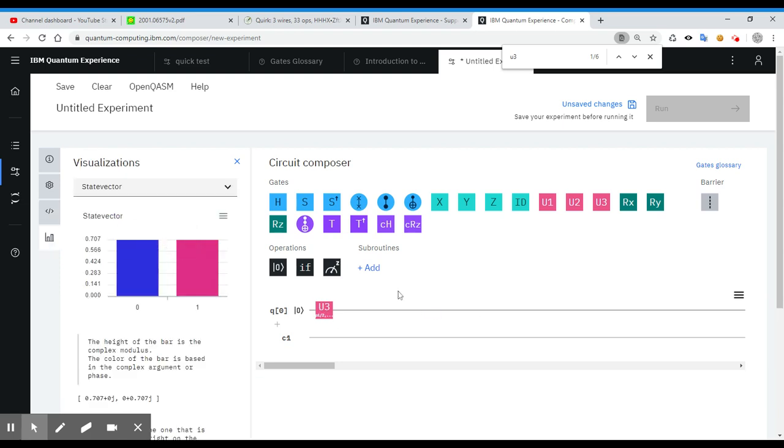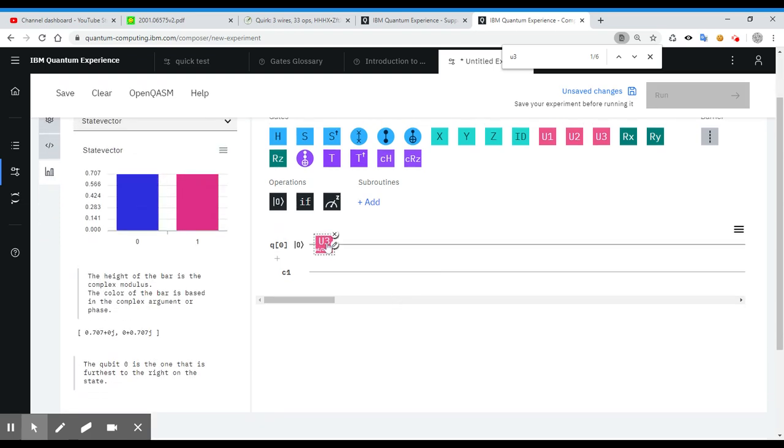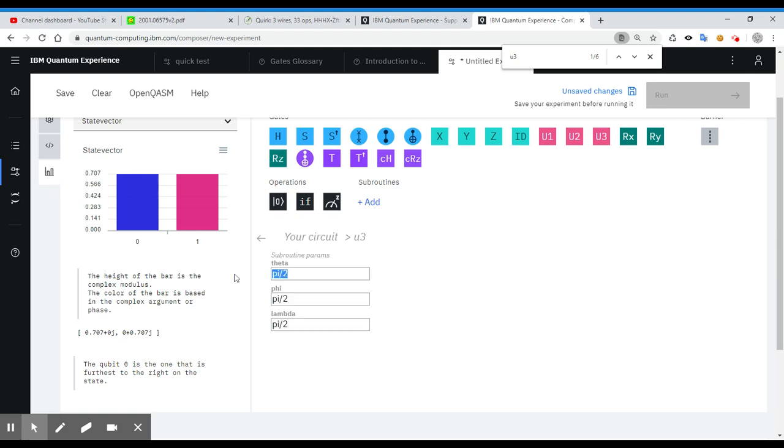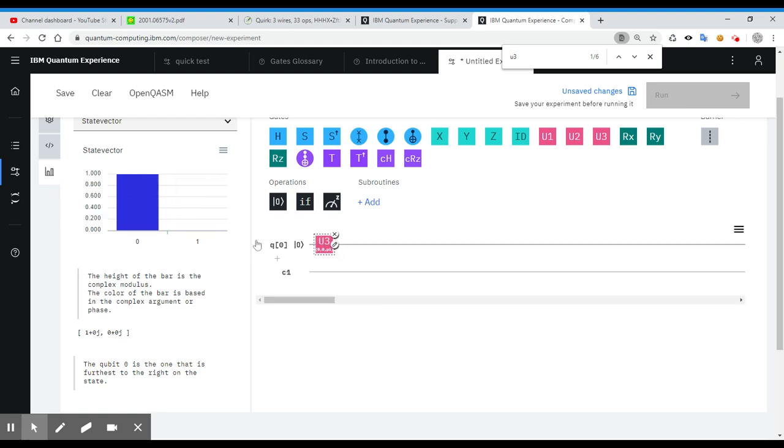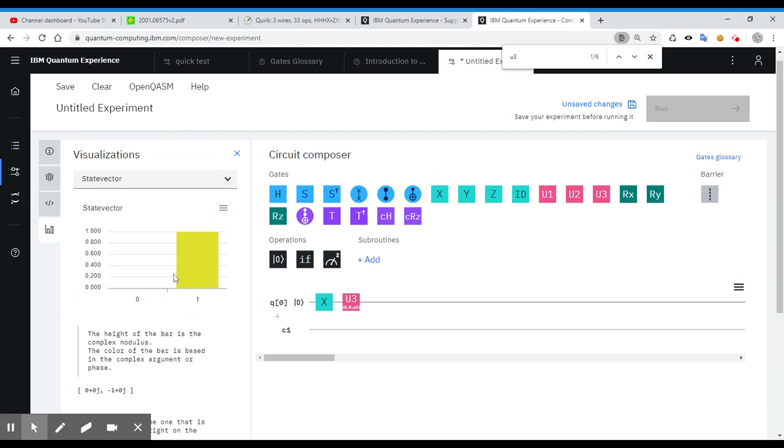And so if this is 0, 0, pi, okay, that's a phase rotation.